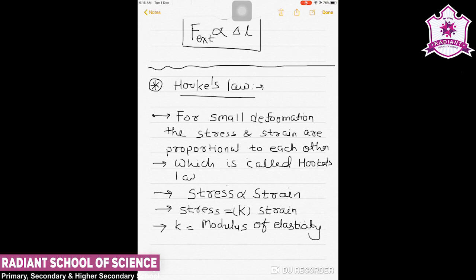However, there are some materials which do not exhibit this linear relationship. This equation gives us a linear relation, and it is only applicable for small deformation. So for small deformation, stress and strain are proportional to each other, which is called Hooke's law.